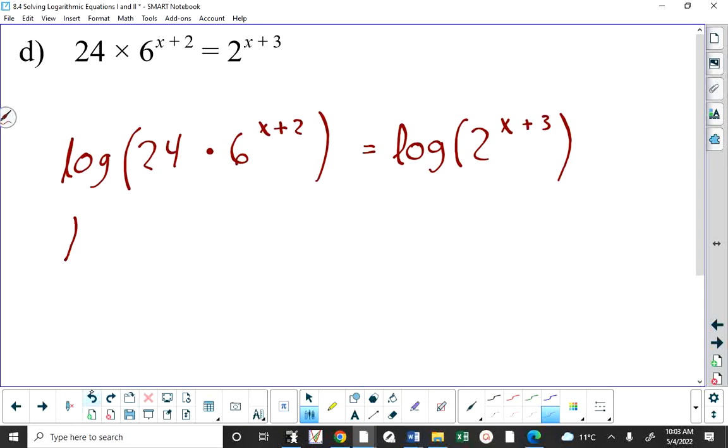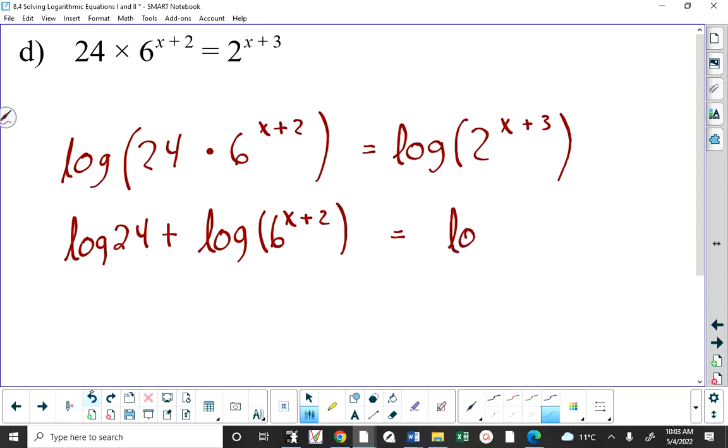However, I can write this as log of 24 plus log of 6 to the x plus 2 equals log of 2 to the x plus 3. And now I can, so I've used the product law, which says the logarithm of a product of 2 things is the sum of the logarithms of those things.